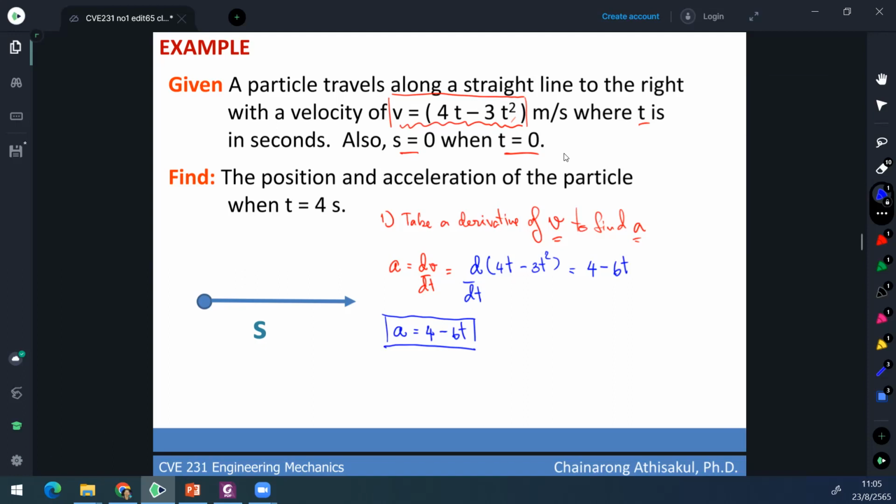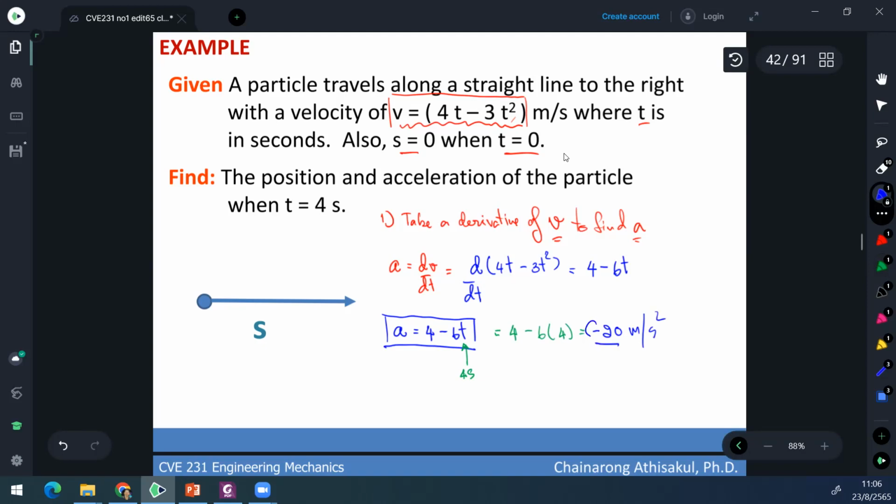And when t equal to 4 seconds, we get 4 minus 6 times 4. That is, we obtain that the acceleration is equal to minus 20 meters per second squared.